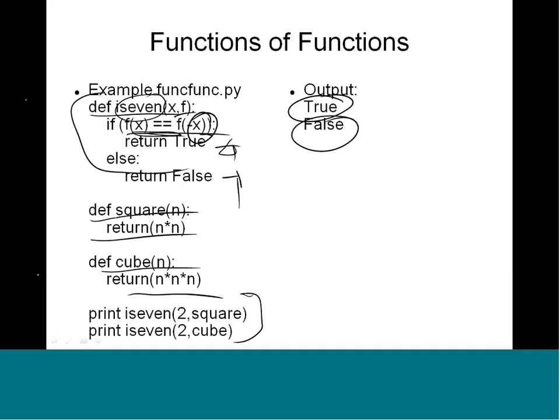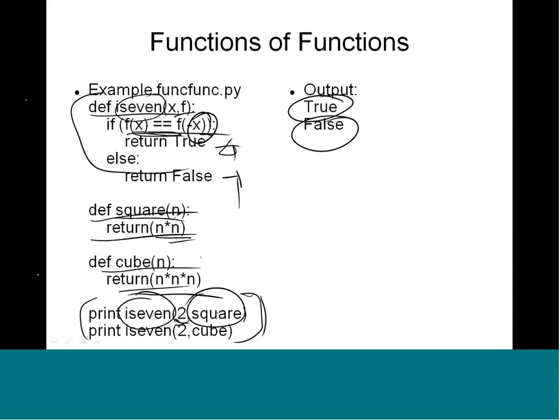Now in square, we only return n times n, and the same thing here. So if you look at this one, actually it is a function of a function, because we are calling is_even with an argument 2, and then we are also passing the square.